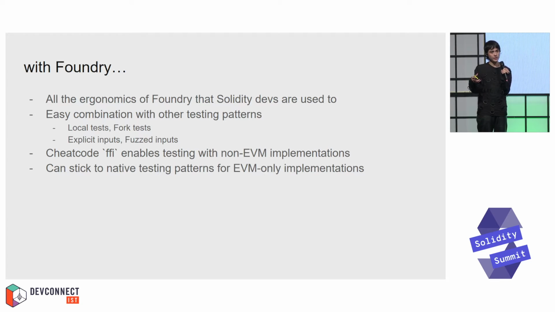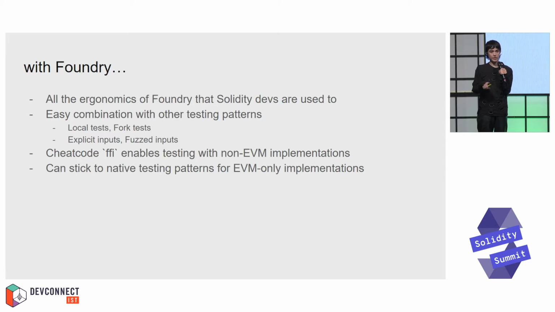And with Foundry, you can use the cheat code FFI to enable testing with non-EVM implementations. This is basically a cheat code that lets you run scripts outside of Foundry and access the outputs. It's pretty well documented in the differential testing page in the Foundry book, which is in my references slide at the end of this talk.